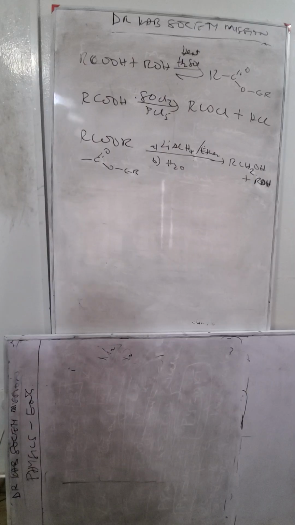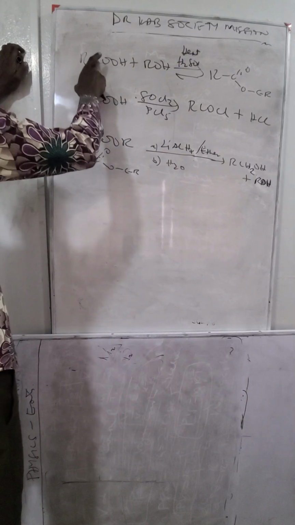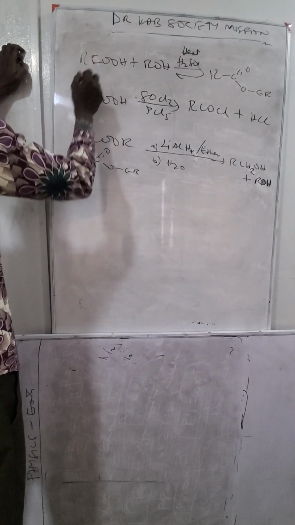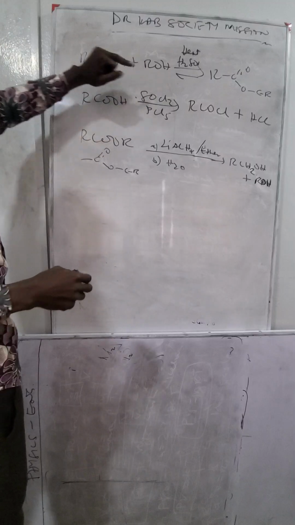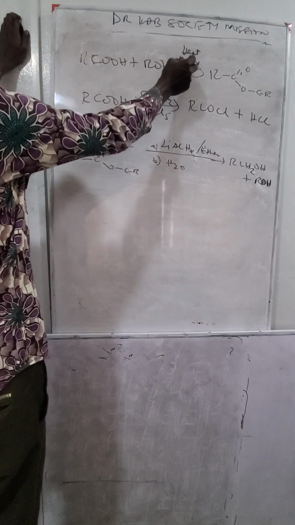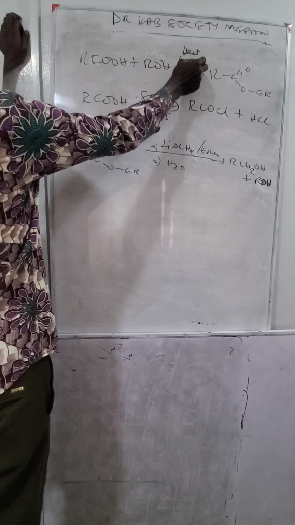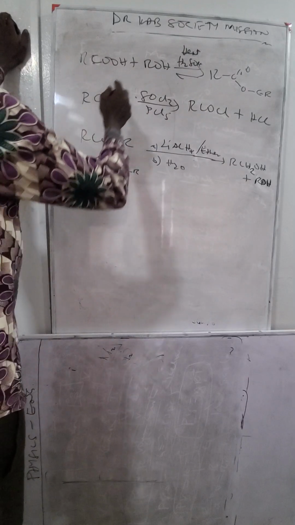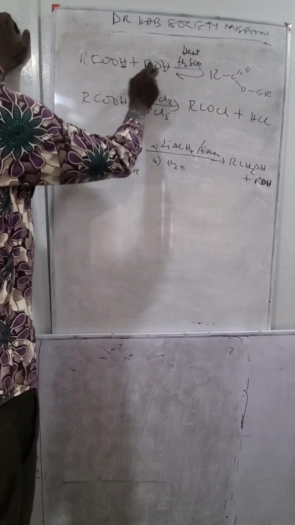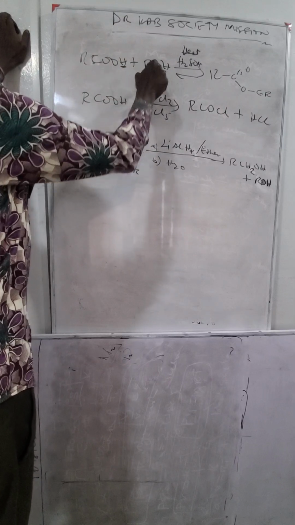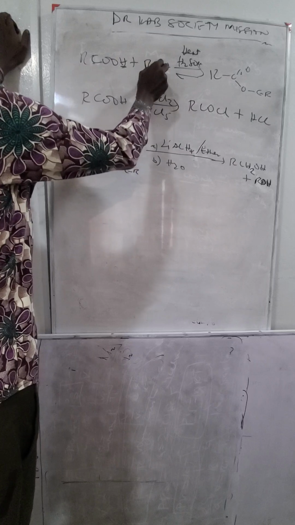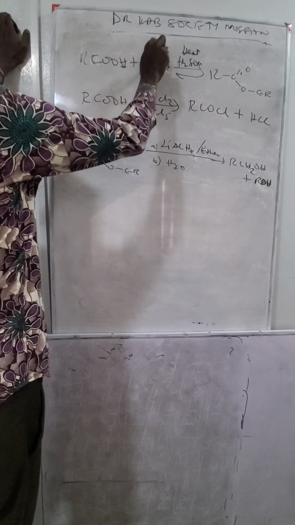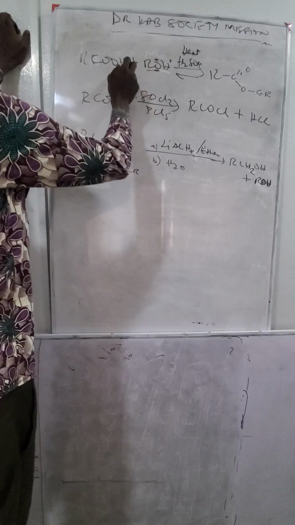Alright, so let's look at these three reactions too. So we have the acid here. This is the acid, okay, reacting with alcohol. And in the presence of heat and then sulfuric acid. Okay, so what is going to happen is these are the parts that can take part in the reaction. So this is more or less like the negative, and this is the positive.